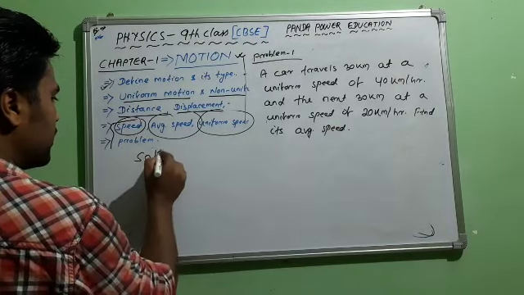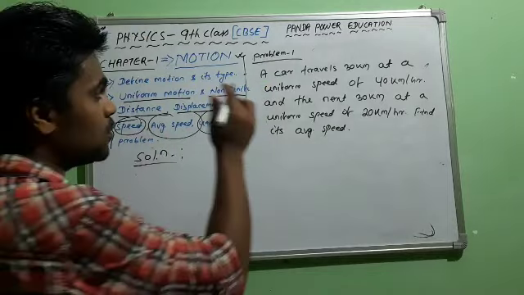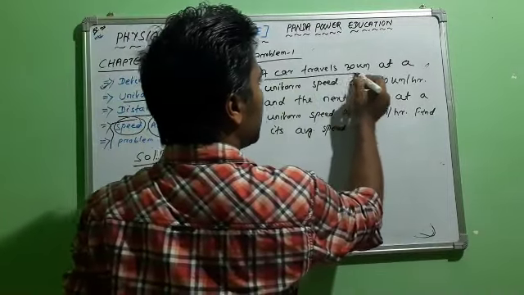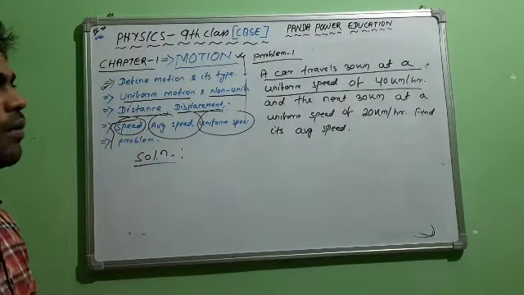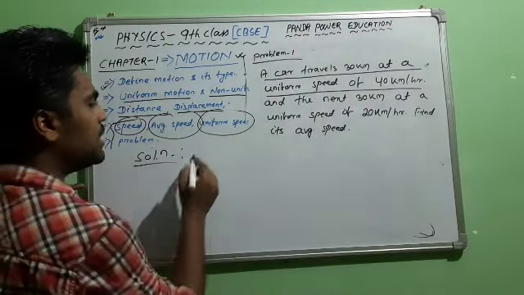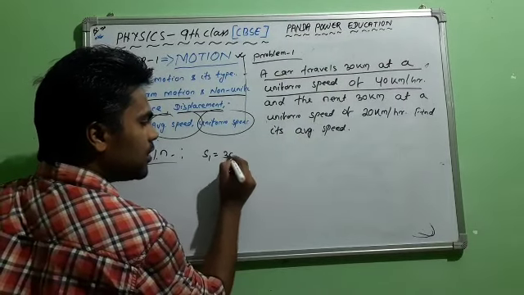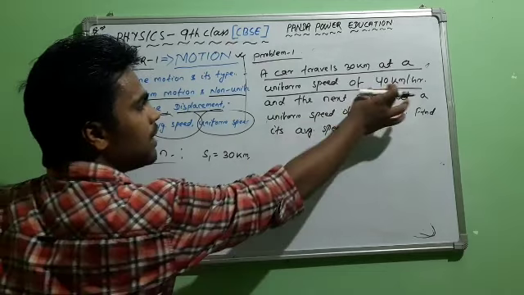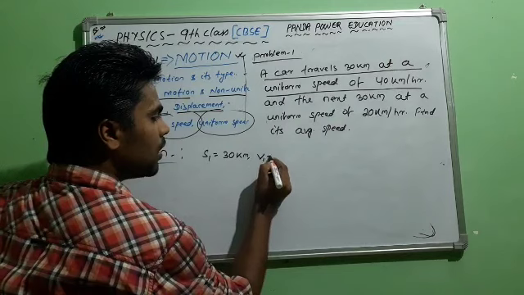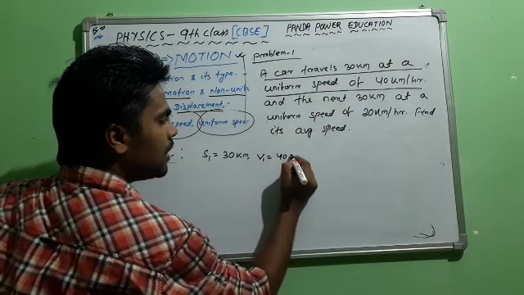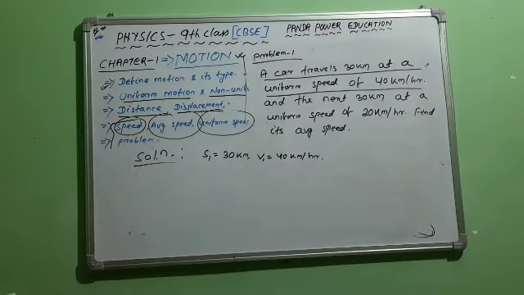Here I am taking the solution. Just see. Case 1. A car travels 30 km at a uniform speed of 40 km per hour. So here the distance covered is S1 = 30 km, and the speed at that time is 40 km per hour. Got it?